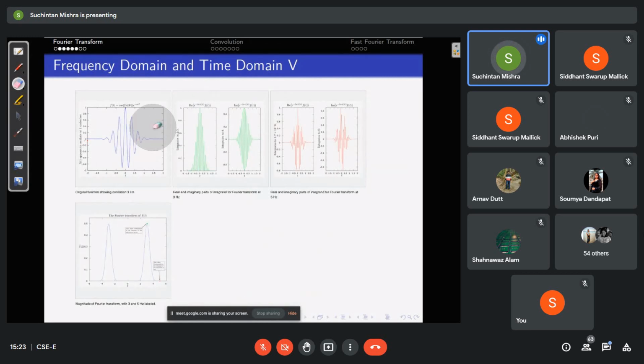Yes, this is actually one of the examples which has been done in MATLAB. So this is the given time domain representation. Now I have applied fast Fourier transform. Once you apply fast Fourier transform, the real part and imaginary parts are formed. Some differential filter is applied to smoothen this.